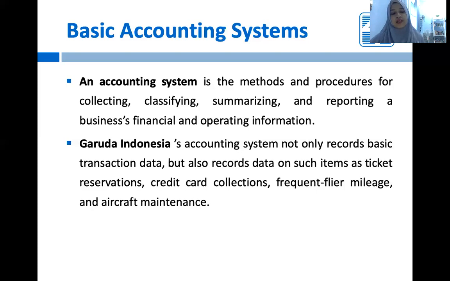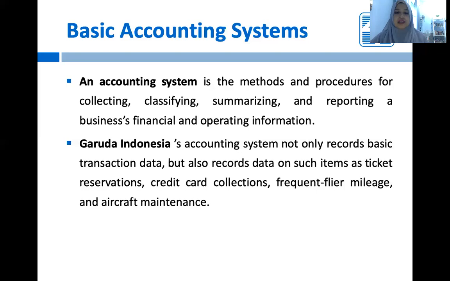The bigger the company, the more complex the accounting system required, because it is needed to perform not only recording the basic transaction information, but also other information. For example, an airline company, whether it is Garuda or other airline companies which are currently facing a recession due to the pandemic.